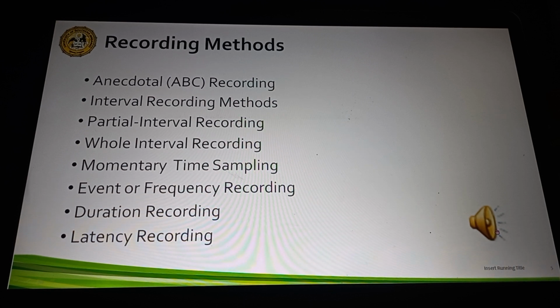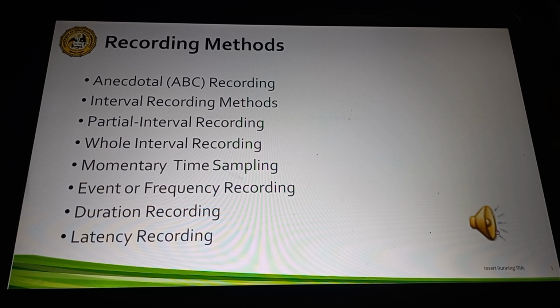The second is the interval recording methods. Now, interval recording methods produce a record of the number of intervals during which a behavior is observed to occur. Now, there are three basic variations on interval recording. We have the partial interval recording, the whole interval recording, and momentary time sampling.